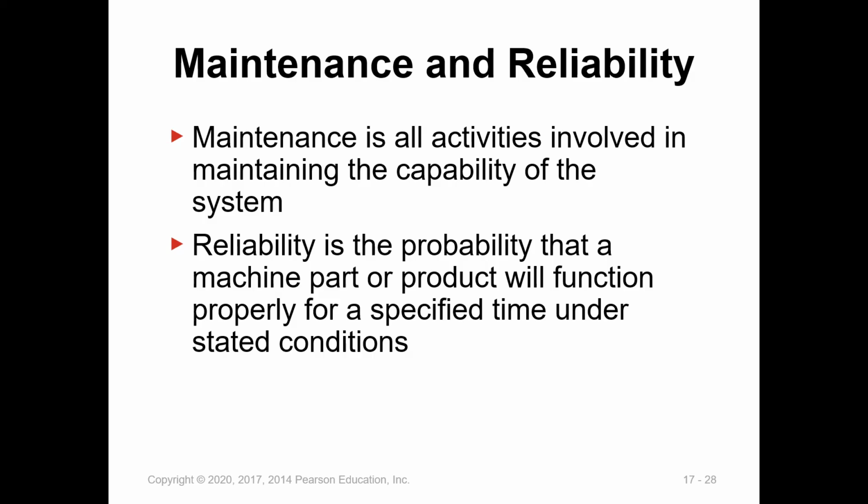Maintenance. Maintenance is all activities involved in maintaining the capability of the system. So you have a system, you need to maintain this system. But reliability is the ability that the machine, part, product, or system will function properly for a specific period of time under specific conditions.